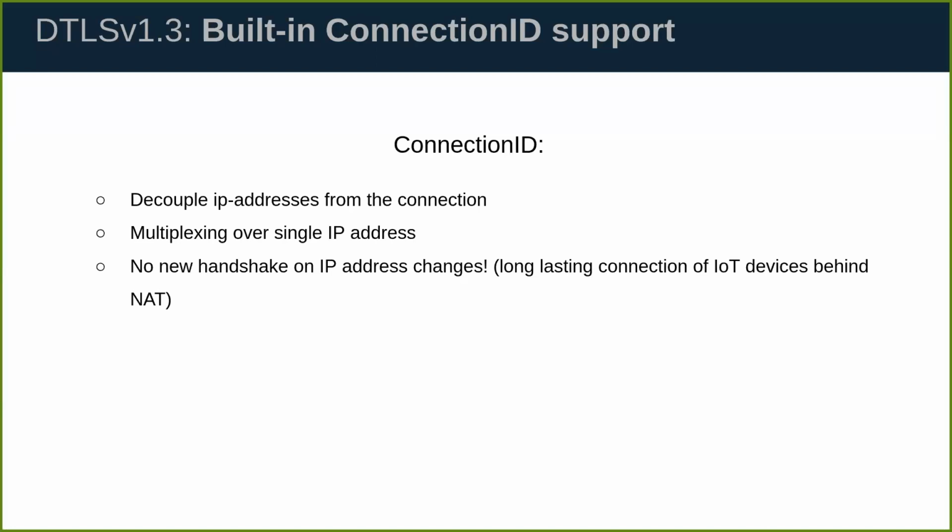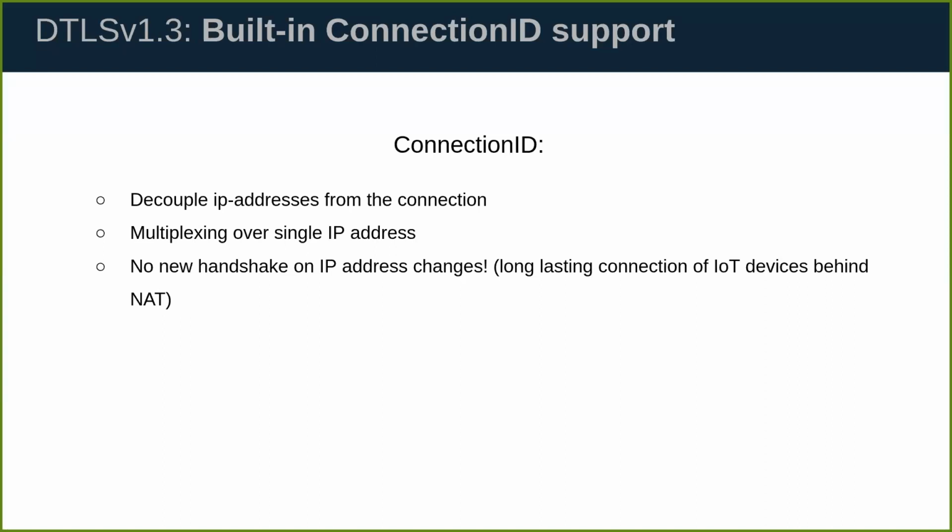You can also multiplex over a single IP if, for example, your device or your network does not give you the ability to multiplex over the network, then you can use the connection ID to recognize the traffic.